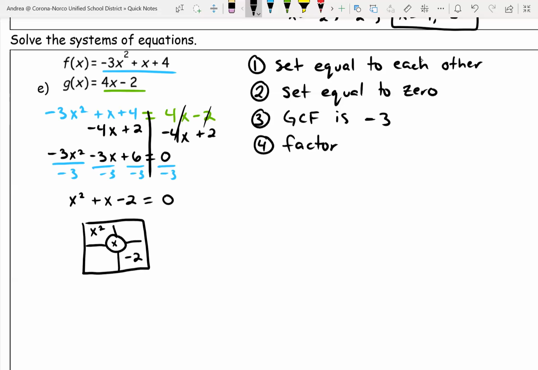Okay, Joel, did you get my factors? Yeah, I got x plus 2 and x minus 1. Very good. So my factors are x minus 1 equaling 0, and then x plus 2 I have to set equal to 0.